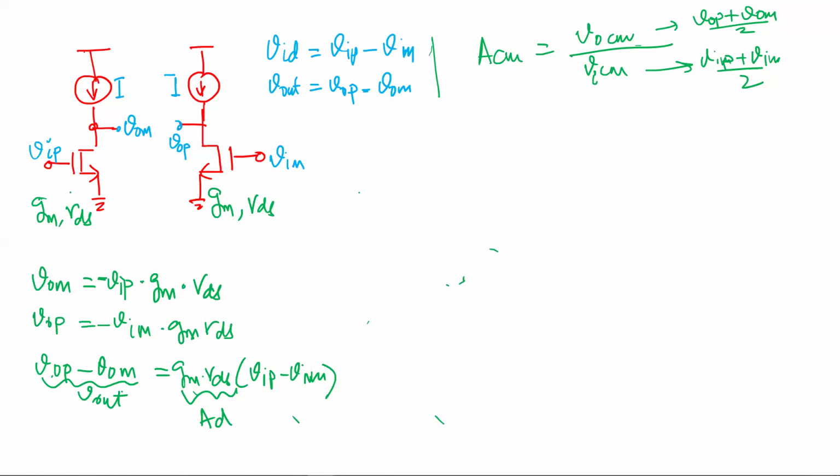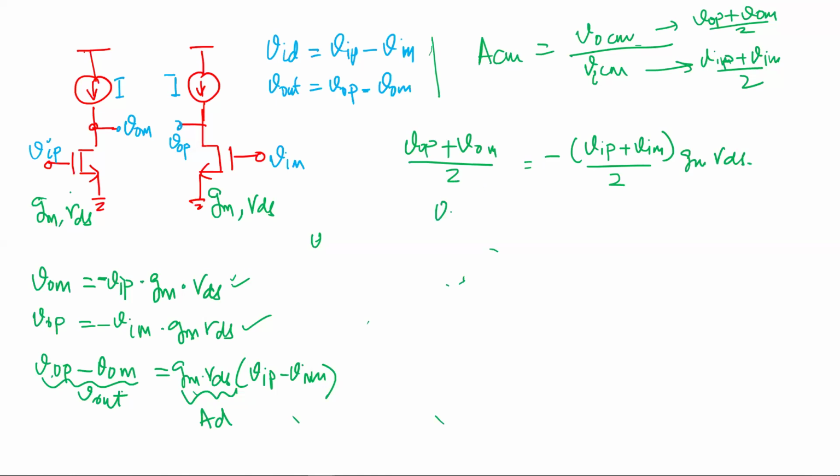2 times GM RDS. Okay, so basically you just take these two equations and you do VOP plus VOM divided by 2. If I add these two, this becomes minus VIP plus VIM divided by 2 GM RDS, right?